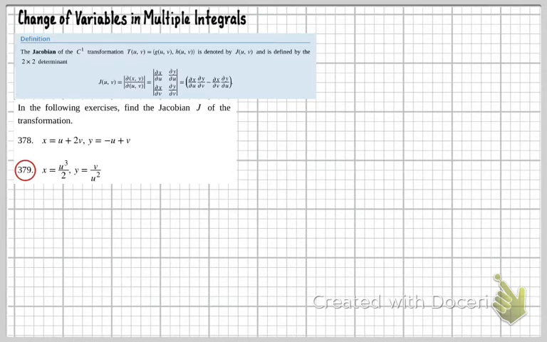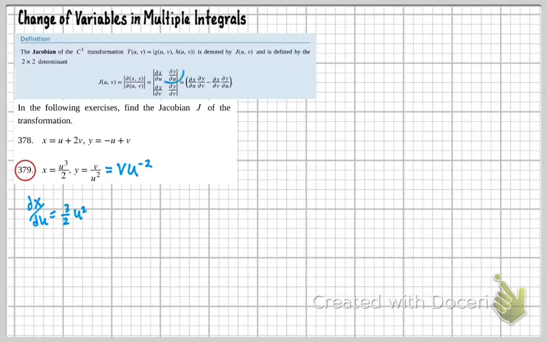So before we get started with this 379 here, I'm just going to write y in a slightly different way. This will help us when we're working on our partial derivatives. So I'm just going to follow the pattern here, dx/du. That's going to be the x function with respect to u, and that's going to be 3 over 2 u squared.